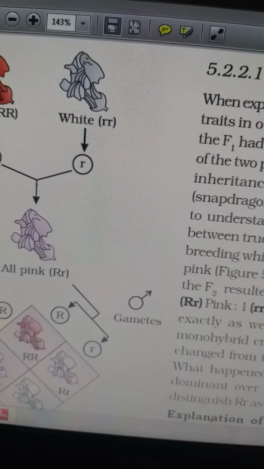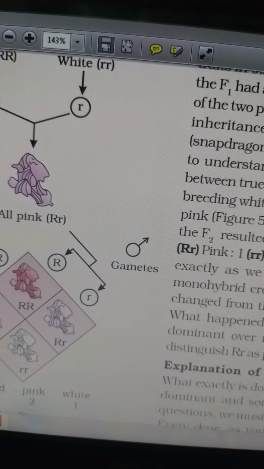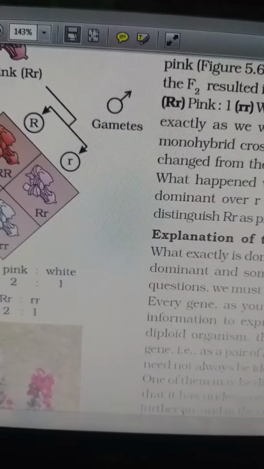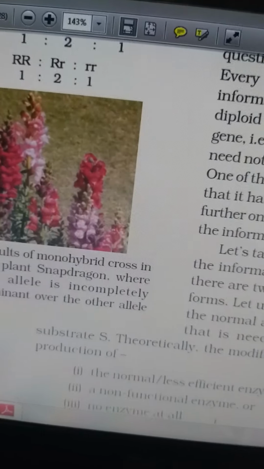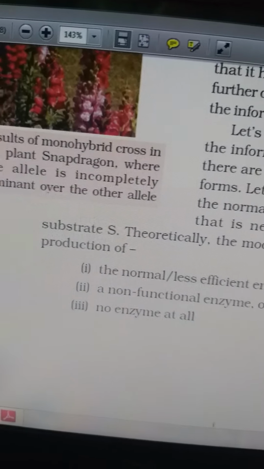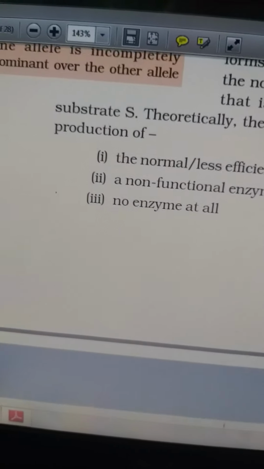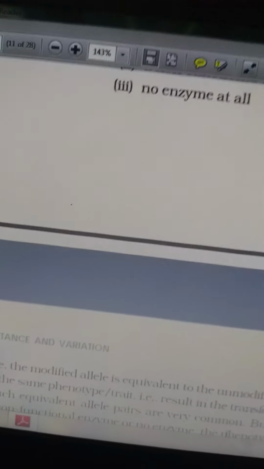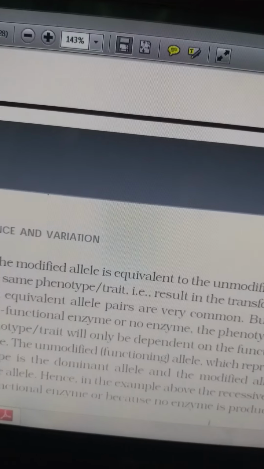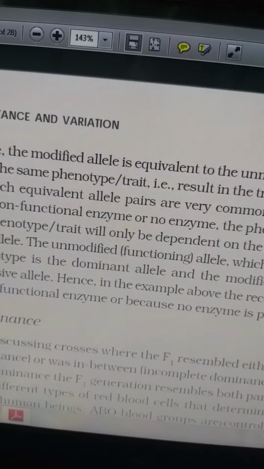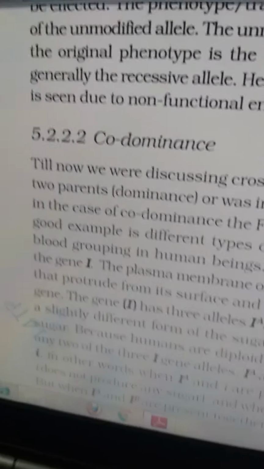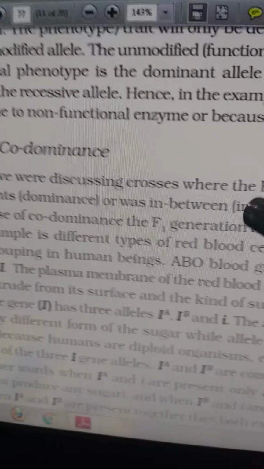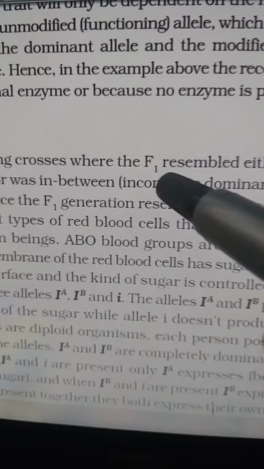Now the next one is codominance. What is codominance? In incomplete dominance, the F1 resembles neither parent but is in between the two.